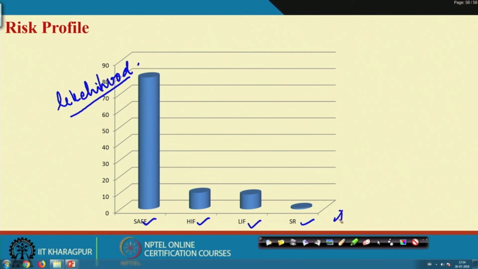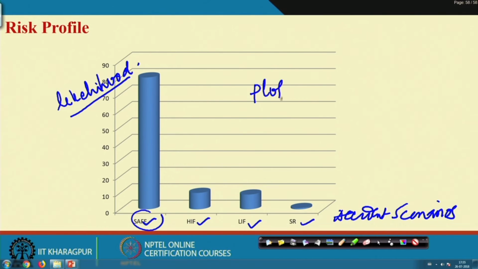Then the probability of safe is this. This plot is a plot of likelihood vis-a-vis accident scenarios. This is known as risk profile. So event tree gives you risk profile. Okay.